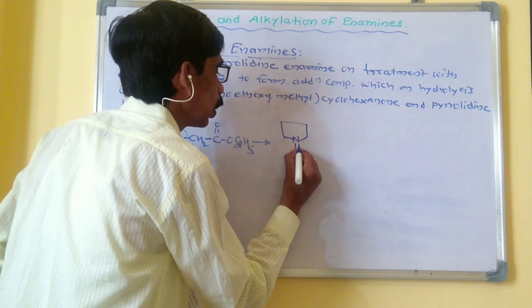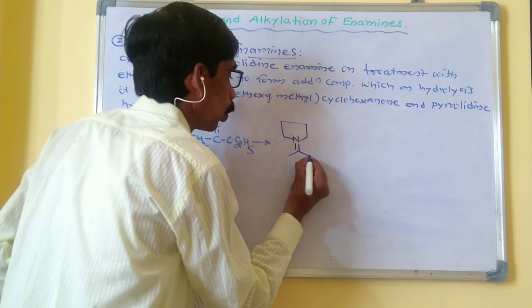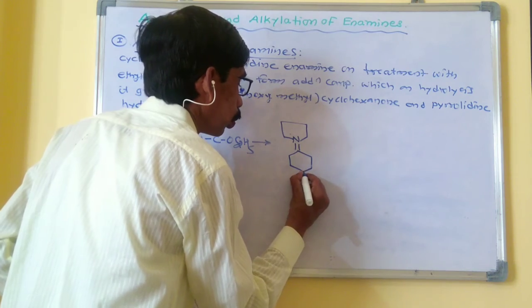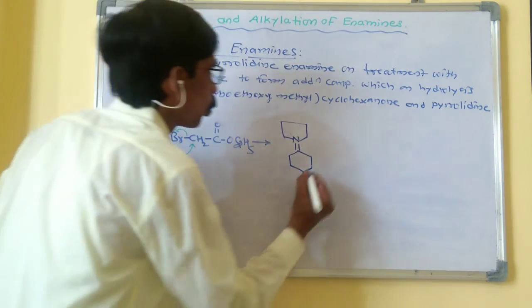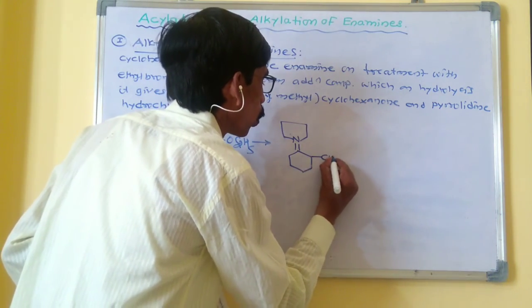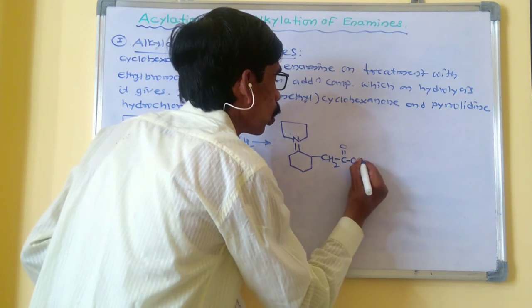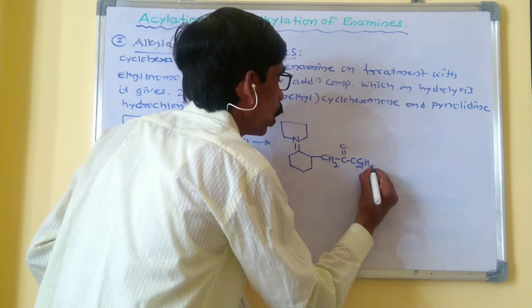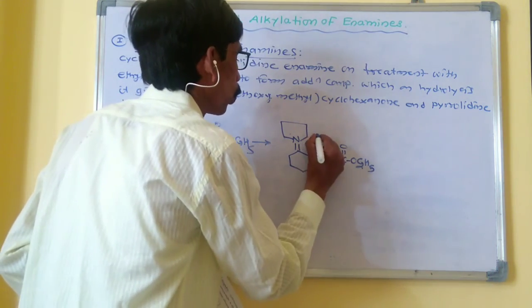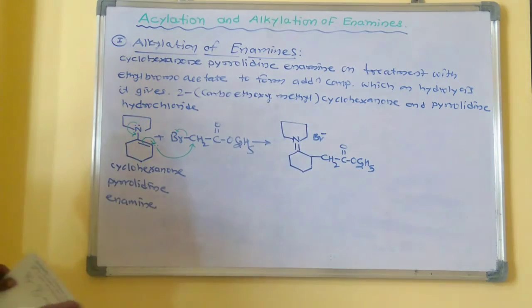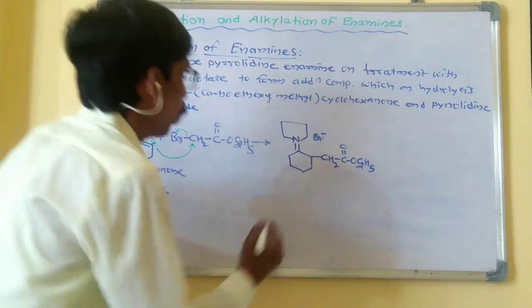Now the double bond takes place in between two rings, the CH2, C double bond O, OC2H5. Now here this Br minus. So this is the formation of the addition compound.